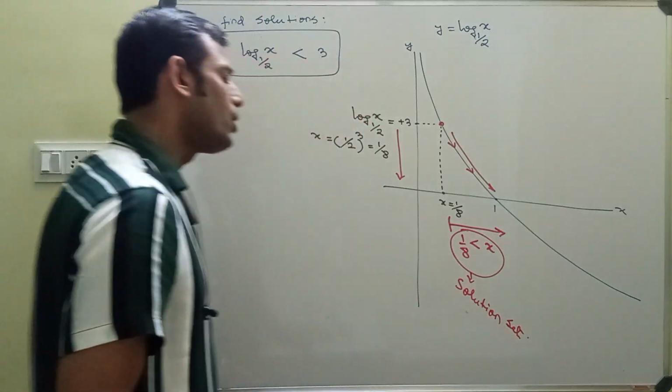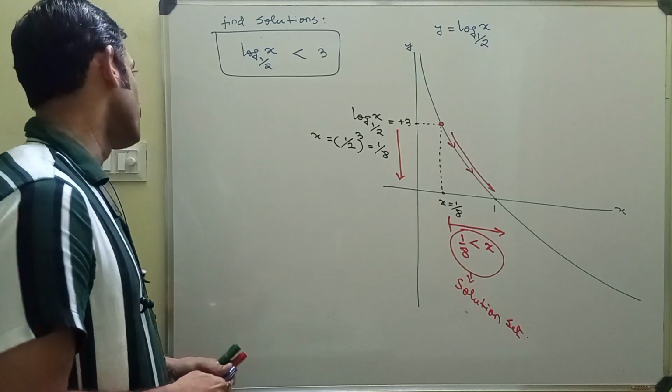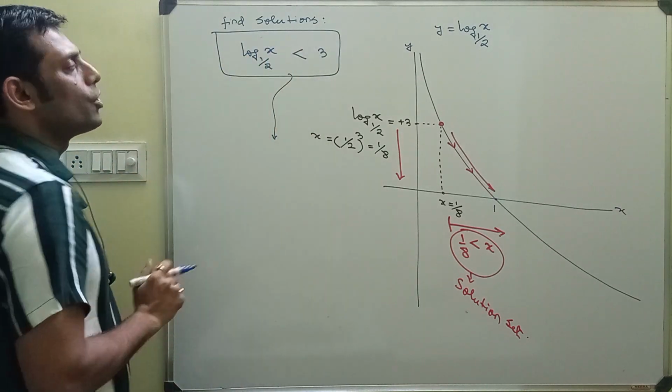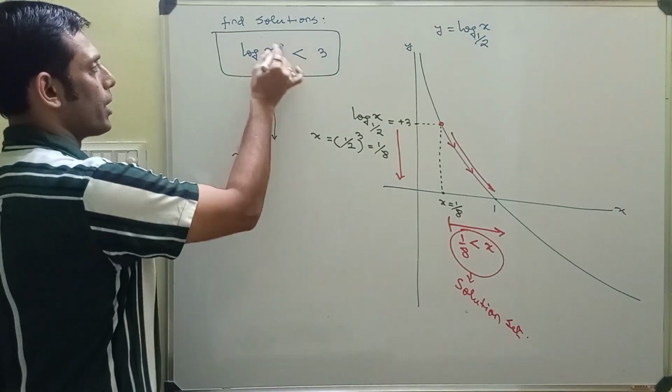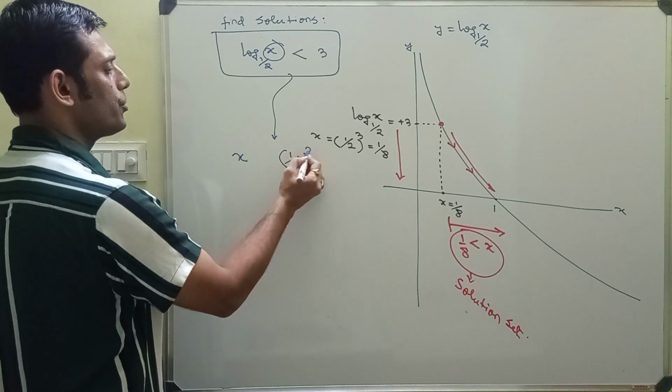Now dear, how do we come to this solution directly? The direct method would be like this. Convert this logarithmic inequality to an exponential one. Catch this x, keep the other things in the exponent form, half power 3.